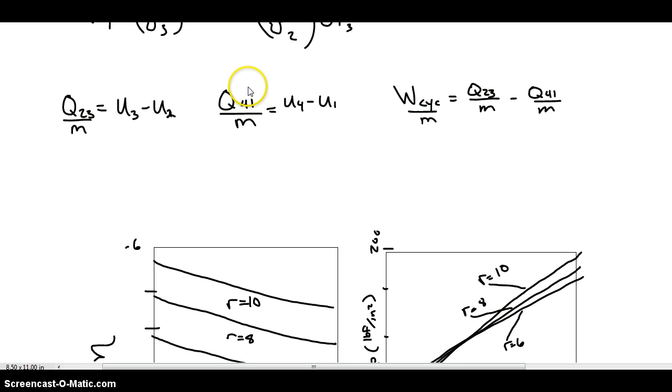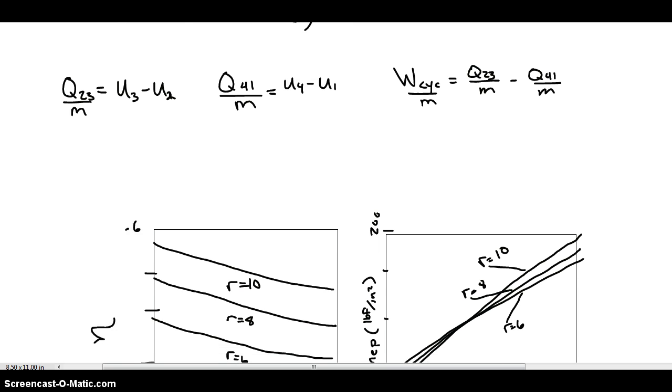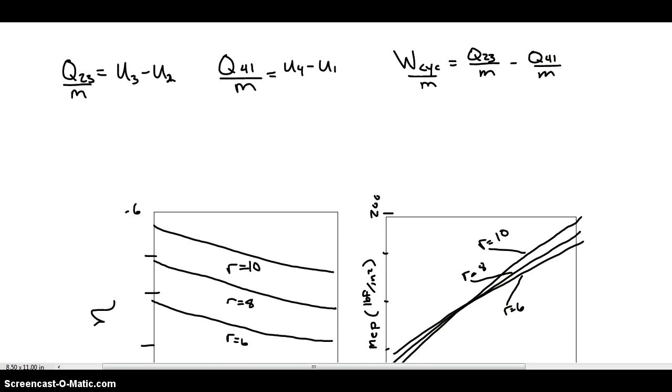And then the heat rejection is just equal to the internal energy at 4 minus the internal energy at 1. And then of course we know the work of the cycle is just equal to heat addition minus heat rejection.